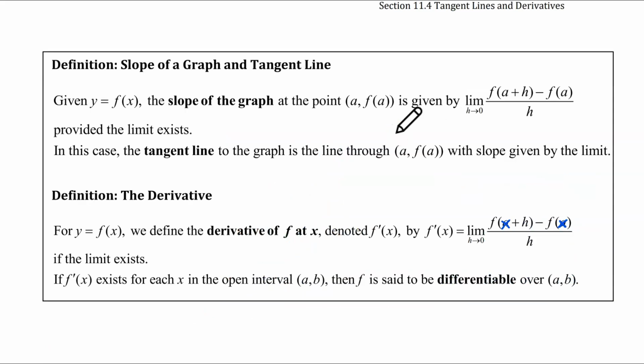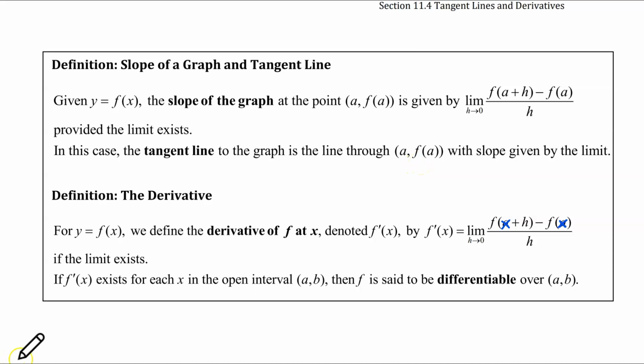With that, we say that the slope of the graph at the point (a, f(a)), which is given by the limit of the slope of the secant line as h approaches 0, is the slope of the tangent line to the graph through the point (a, f(a)).